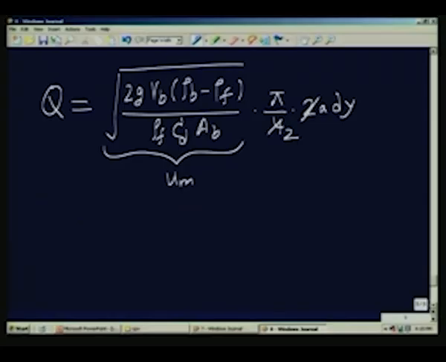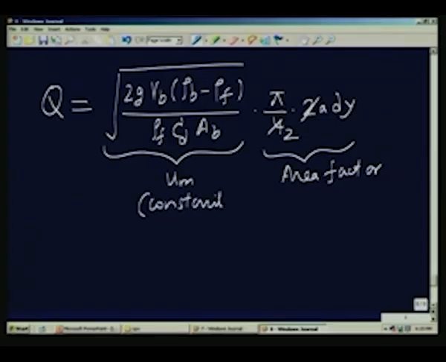So, pi a d y divided by 2 multiplied by this, which is actually the area. So, this is the area factor, this is the velocity factor, this is constant, and therefore, you can see this is also a constant, a is a constant, pi is a constant, 2 is a constant. So, I can say this is nothing but some C times y, where C is a gauge constant.